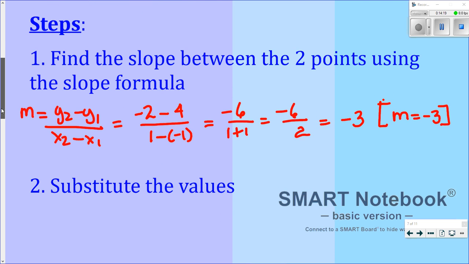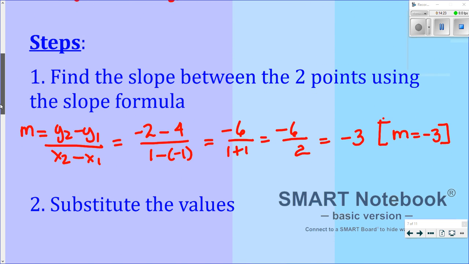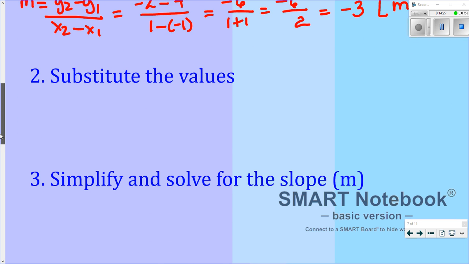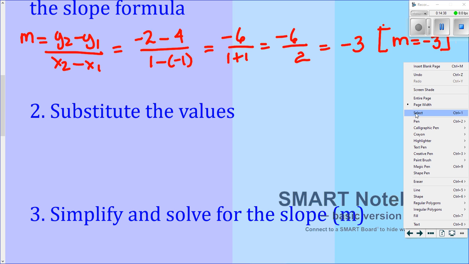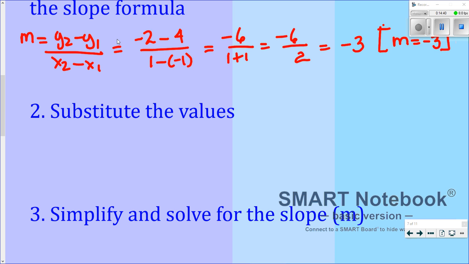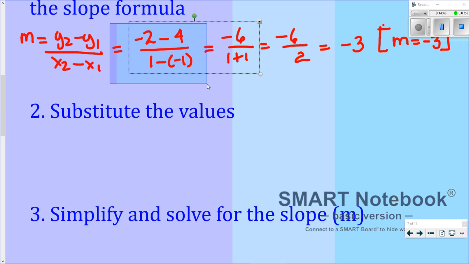All right, now we need to substitute the values. So I need to put my point slope forms. Well, actually, so everything I did here. Oops, let me do this way because I think I broke up the steps. So I use the slope formula, and then I'm going to select the work.